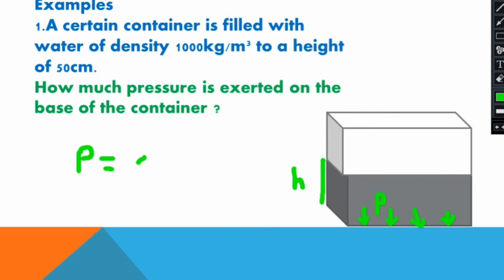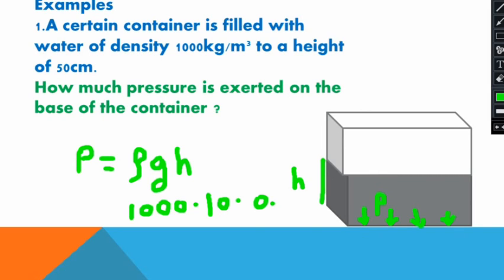But pressure is just rho g h. Rho is the density. Therefore, the product of these variables would be 1000 times 10 times 0.5. 0.5 is the height, changed into meters. So the point will be cancelled out by 10. The answer will be 5000 Pascal.